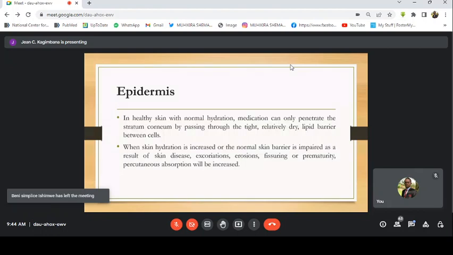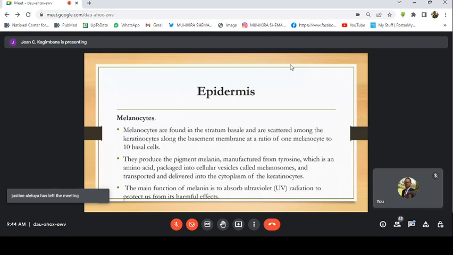Now, the stratum corneum, you understand, keratinocytes, okay? Which divide into themselves from the basement membrane up to the corneocytes, which make the superficial layer, with keratinocytes which are not nucleated.